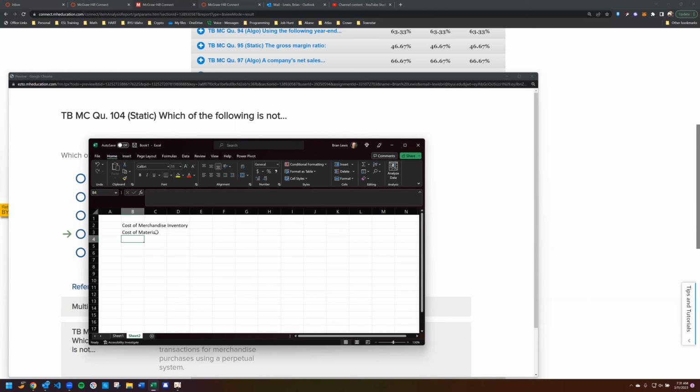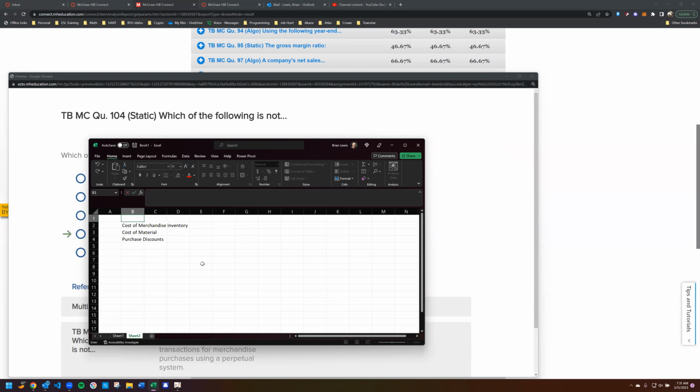You have any discounts or purchase discounts. Remember, this is buy side, because this is an inventory item, your cost of inventory. Sell side doesn't really matter.